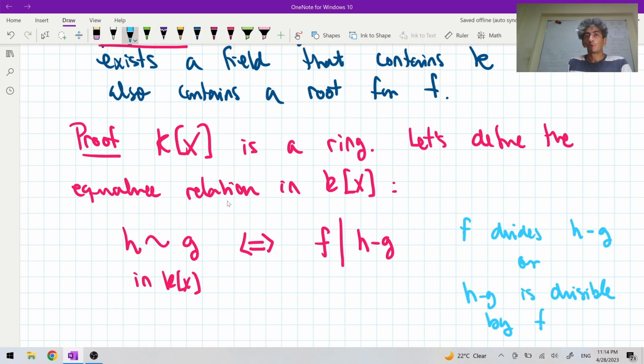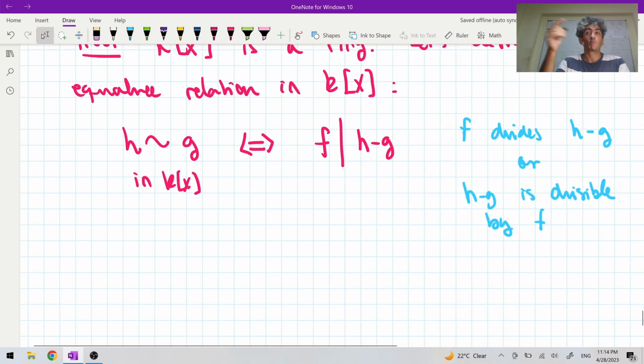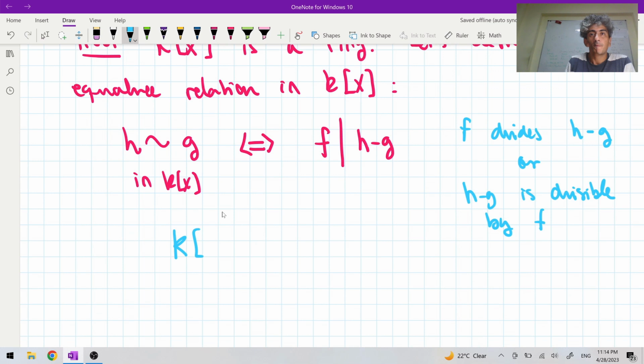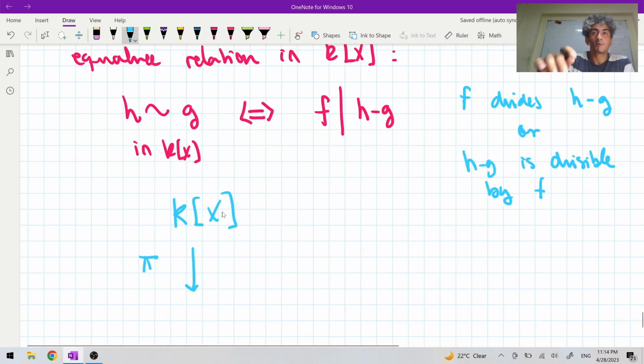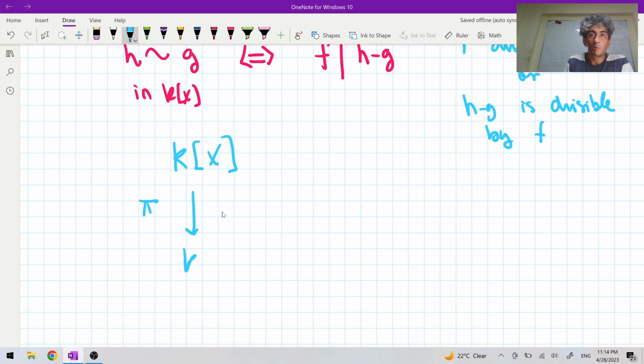So this gives us an equivalence relation. And when we have an equivalence relation, we have the projection to the quotient. The quotient set is actually the set of equivalence classes.